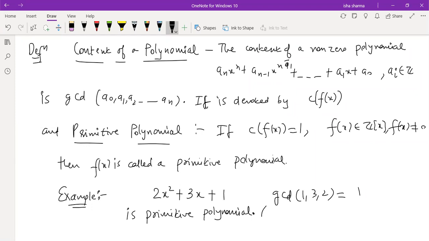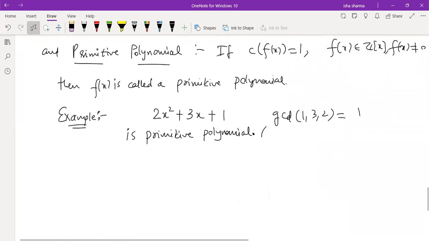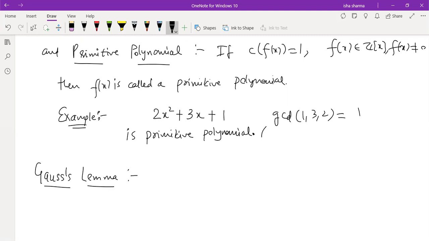Is that fine? And similarly you can construct many examples. We'll connect it later with the fields, कि fields के ऊपर होंगे कि नहीं होंगे और उनको हम primitive polynomial में कैसे convert कर सकते हैं या non primitive. Those all results will come, but अभी के लिए we just have the definition of this. So after this we are going to prove the next result, which is Gauss lemma.